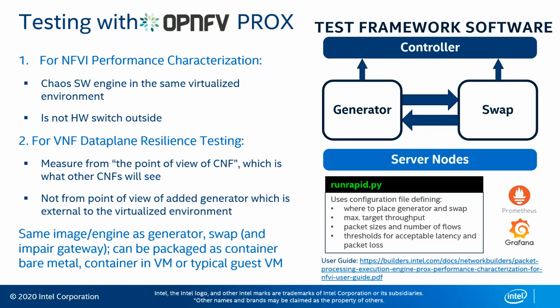So it's not an external load generator, professional hardware blasting into the cluster with something sending the traffic back. We can also see from inside the cluster what the CNF, like this 5G core UPF or something, would actually experience by running at that same spot on the node. This is the same tooling that we have here now containerized.